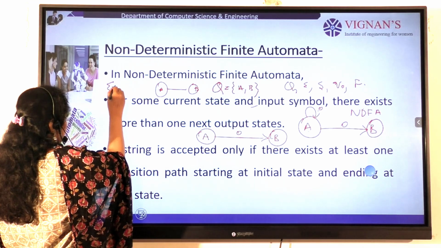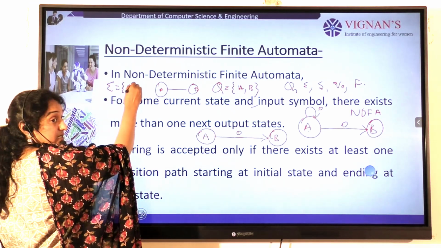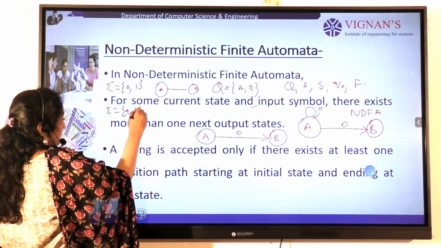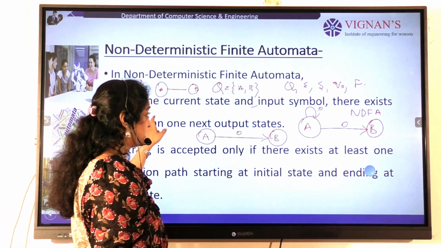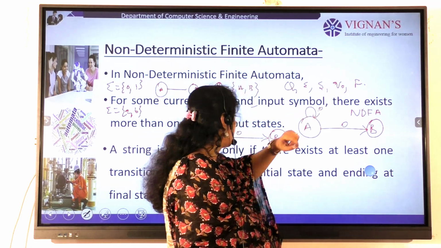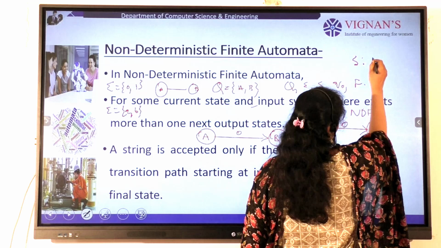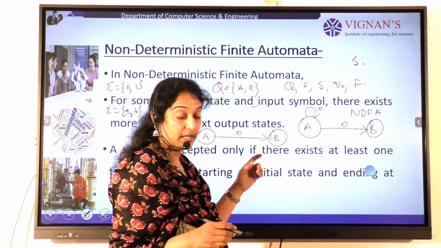These input symbols can be either 0, 1 or A, B. So different input symbols can be considered here. Delta is the transition function, and this transition function will differ for both DFA as well as NFA.